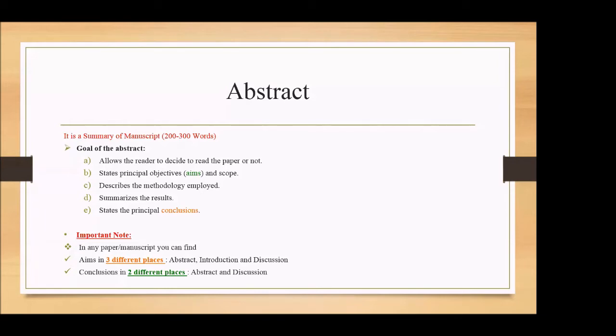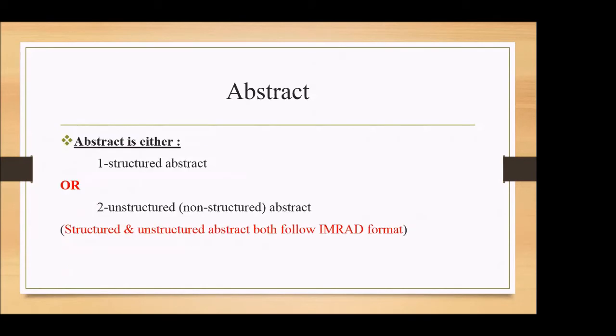And the conclusion I can find in 2 different places: in the abstract, and also in the discussion. So this is where I can find the aim and also the conclusion of my research.